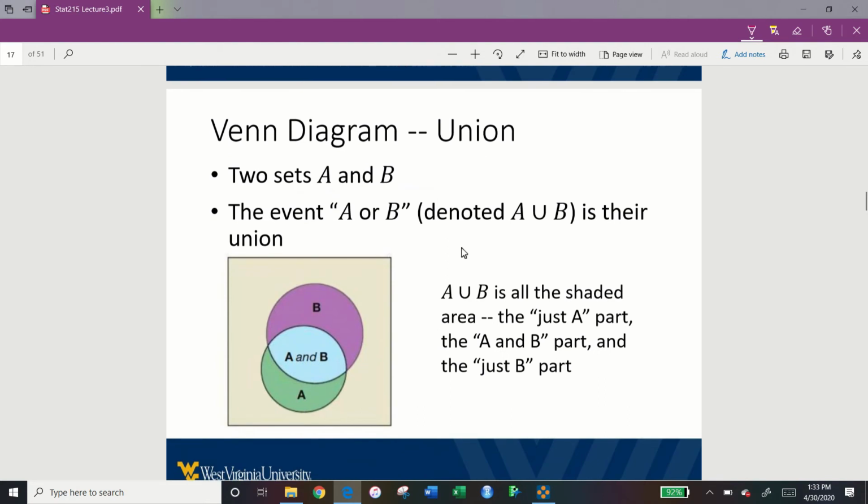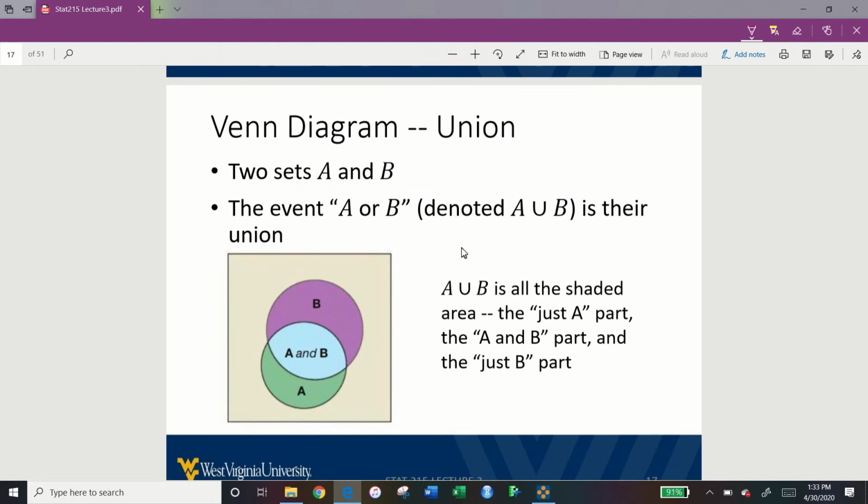Let's take a look at a Venn diagram. So we have two sets, A and B, and we want to know event A or B, which is their union. Notice before when I said we had "and" represented intersection in word problems, in a similar fashion, when you see the word "or" in word problems for probability, that implies the union.